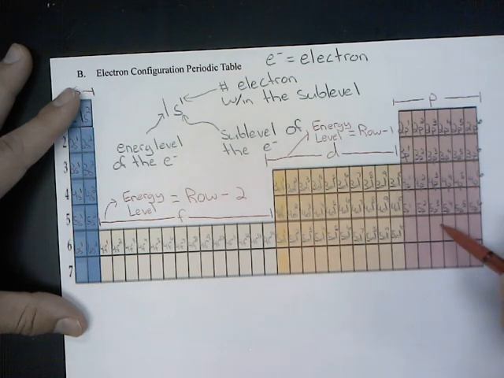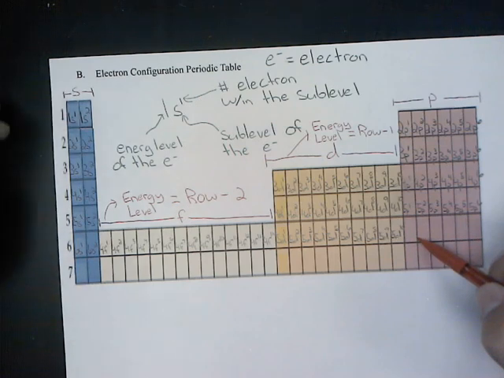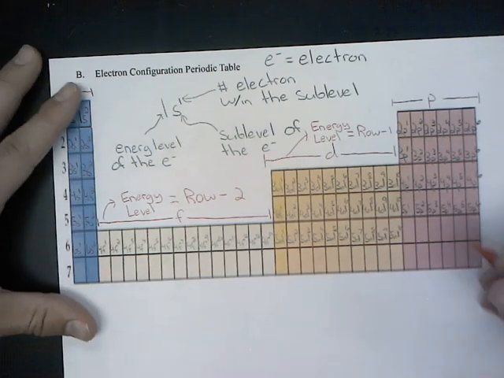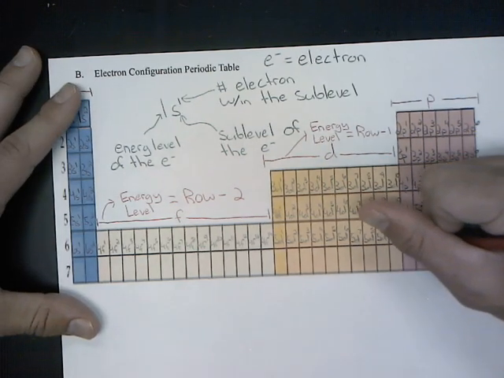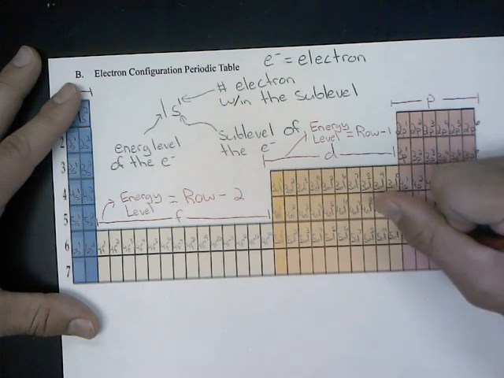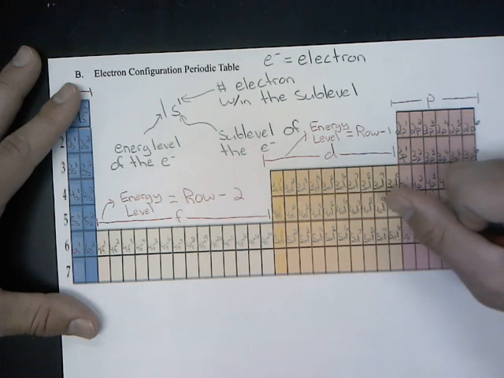Now we go to the p sublevel. Remember, the row is equal to the energy level, so we go back to 6p1 all the way over to 6p6.